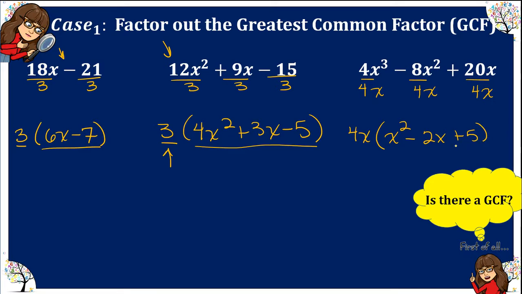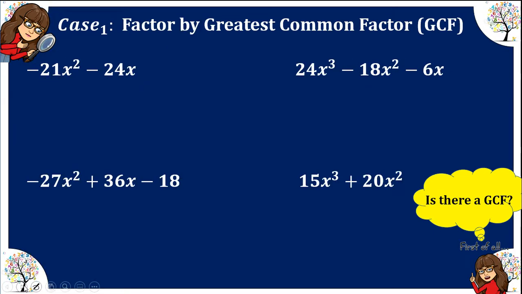The two factors of this polynomial are 4x and x squared minus 2x plus 5. I know that I have factored completely because there's no common factor of each of the terms of the remaining trinomial.